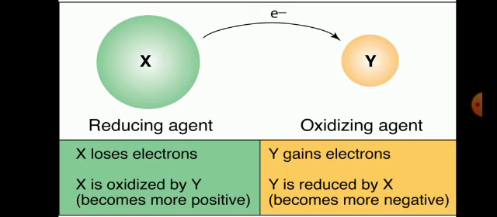So if the substance is gaining 2 electrons, it is going to have a -2 charge, and the substance which is losing electrons, which is donating electrons to the other substance, is going to have a +2 charge.